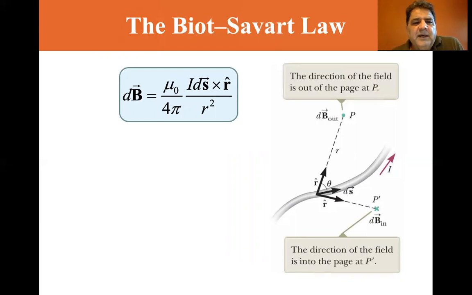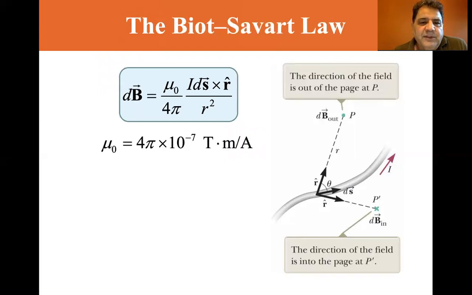So dB, a portion of the magnetic field, is equal to mu zero divided by 4 pi times I ds cross r unit vector, divided by r squared.